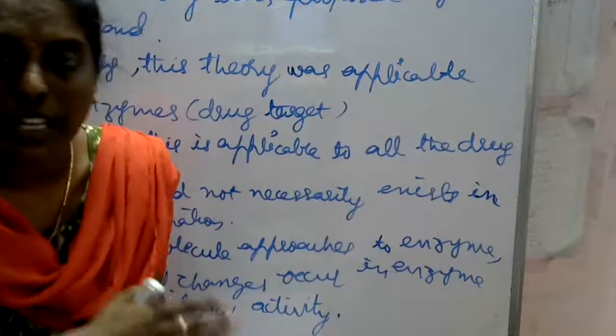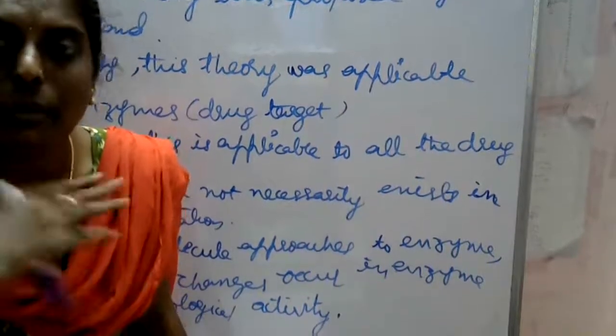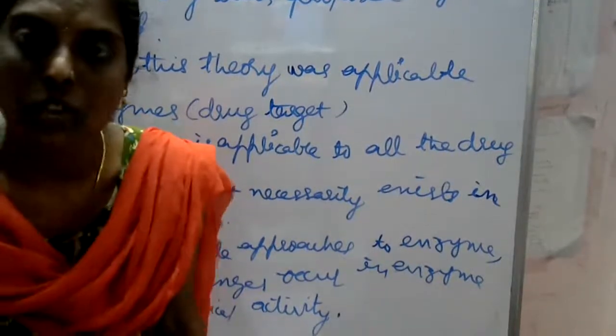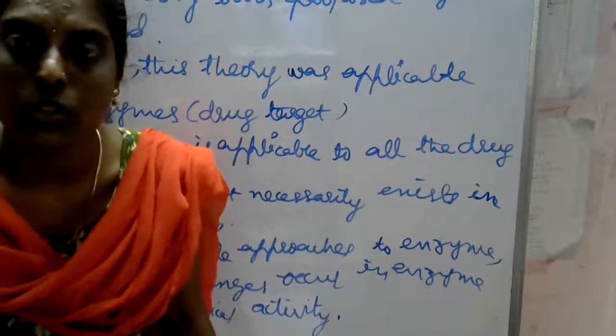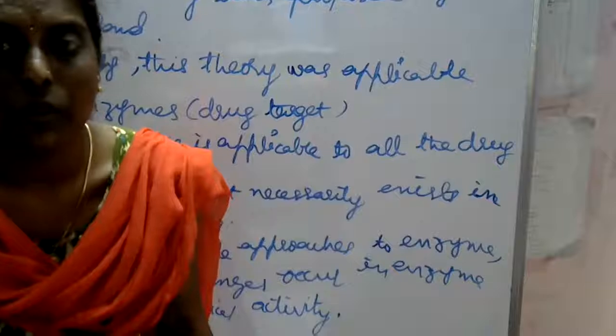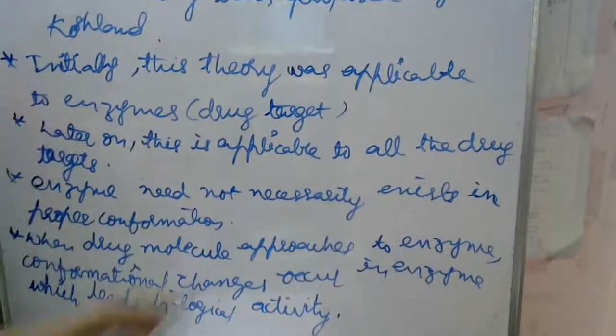Whenever the drug binds to the enzyme, conformational changes occur, thereby producing biological activity. After the biological activity, if the drug releases, the enzyme retains its conformation. So first write this down.